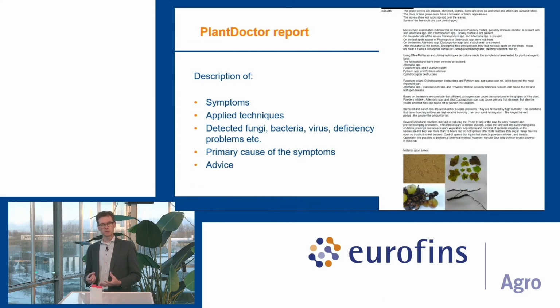They give a description of the applied techniques and the detected fungi, bacteria, or other things they found in the crop, like deficiency problems. Maybe that's the cause of the problem. And at the end, they describe the primary cause. Often they find quite a range of other organisms, secondary organisms, but the primary cause you want to know, and they will find it. And at the end, they will give an advice what to do.